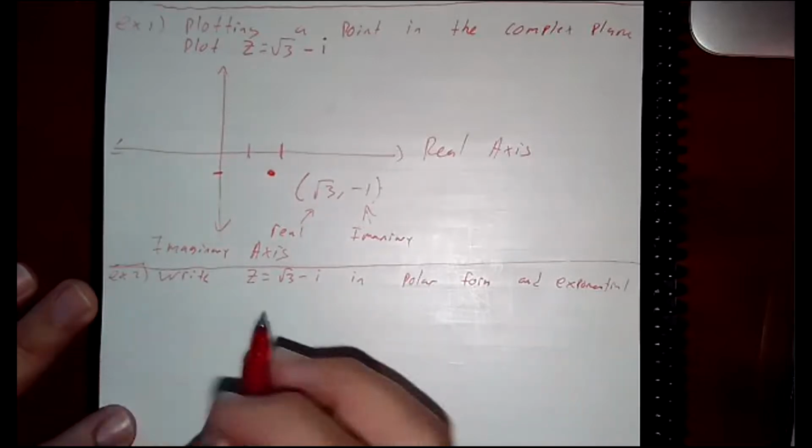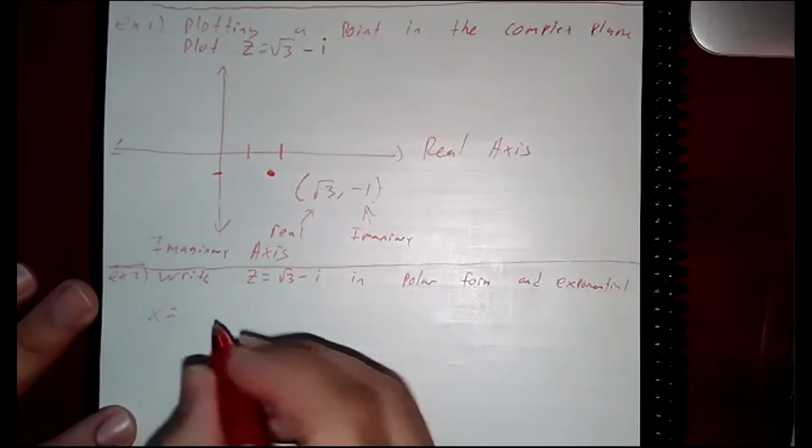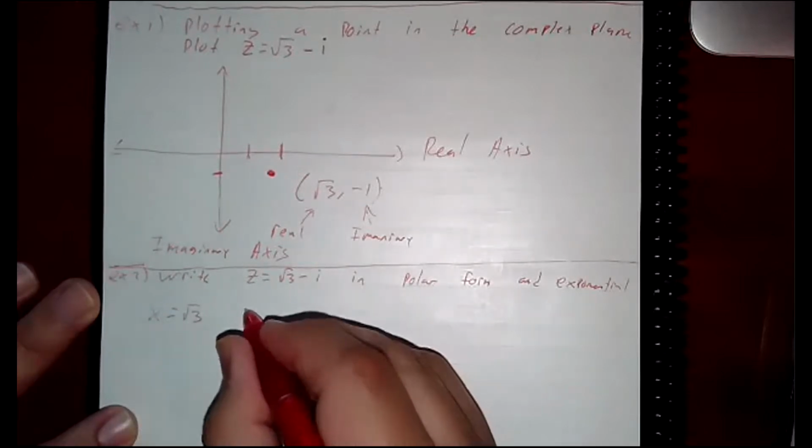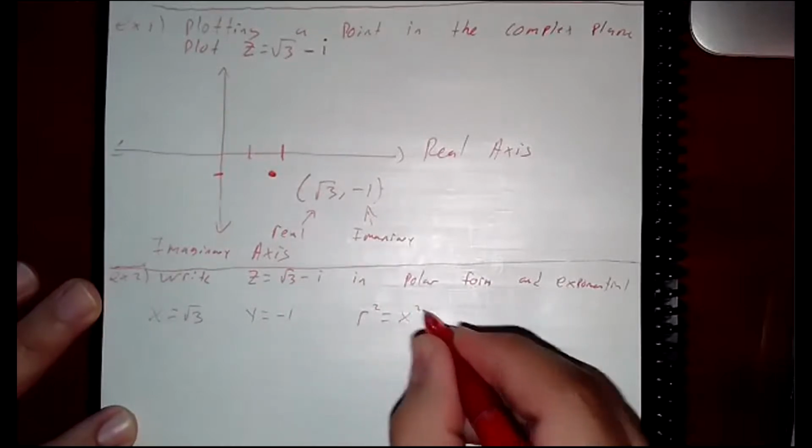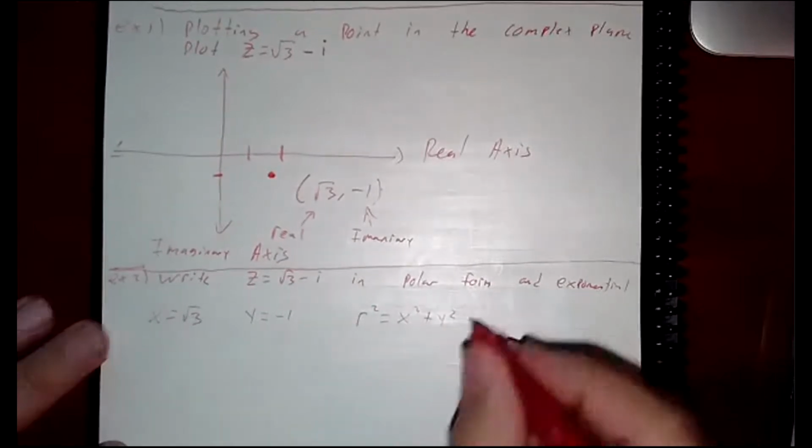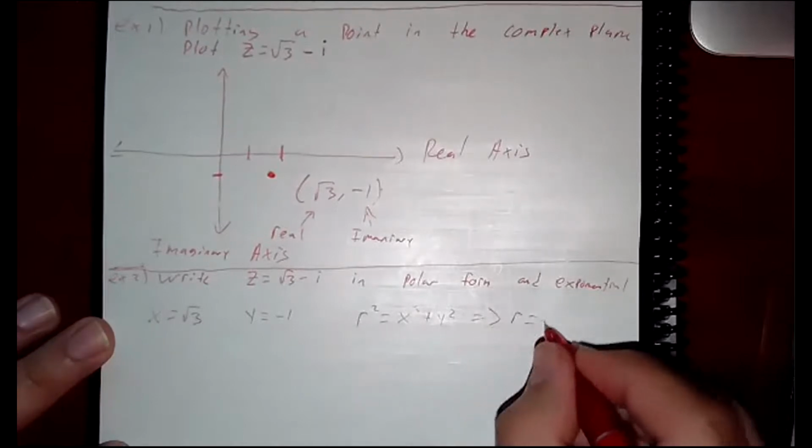Write down everything that we know. Consider the x piece equal to square root 3, the y equal to negative 1. r squared we know is equal to x squared plus y squared, which implies that r is equal to the square root of this.